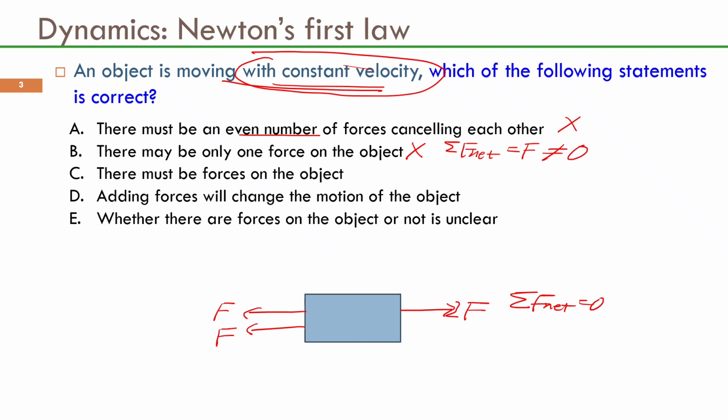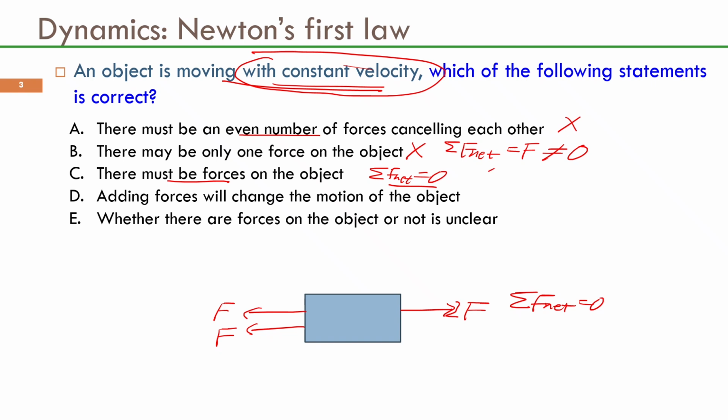So the third option says there must be forces on the object. Newton's first law says if an object is moving with constant velocity, then the net external force is 0. But there is a possibility, that is, there may be no forces on the object. Under that situation, the net force is still 0, so the object could be moving with constant velocity.